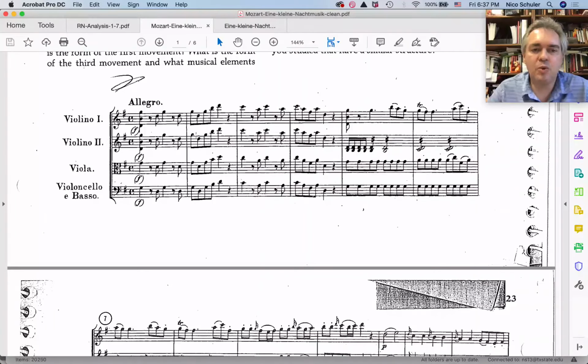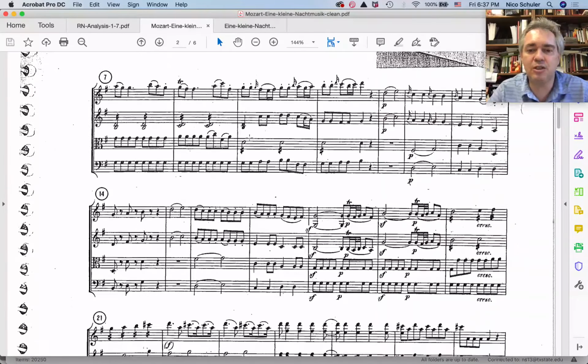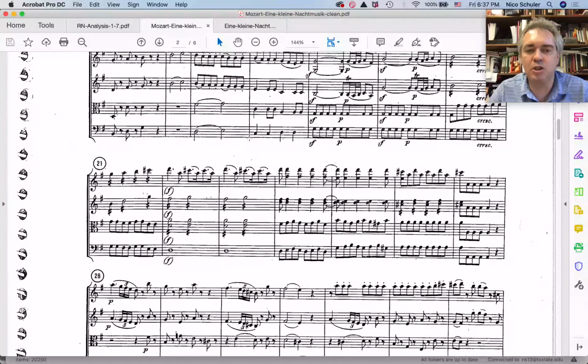Now, we don't see extra accidentals because we are in a major key. We don't need extra accidentals as long as it stays within the same key. But if we start seeing extra accidentals, that may be an indication that a modulation is taking place.